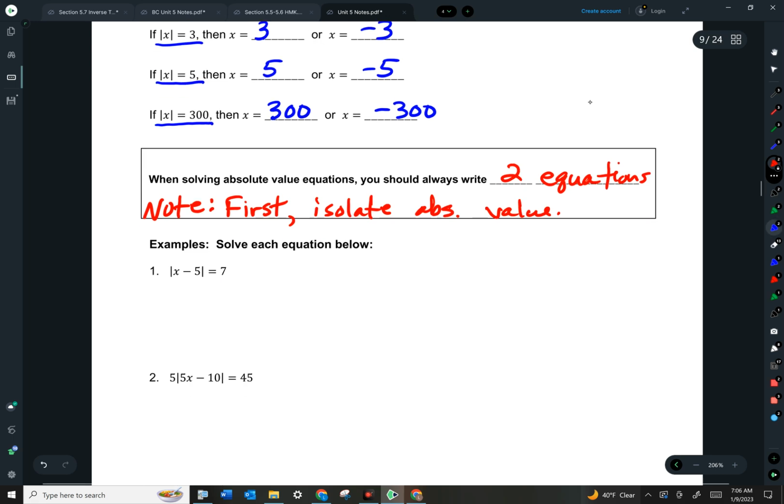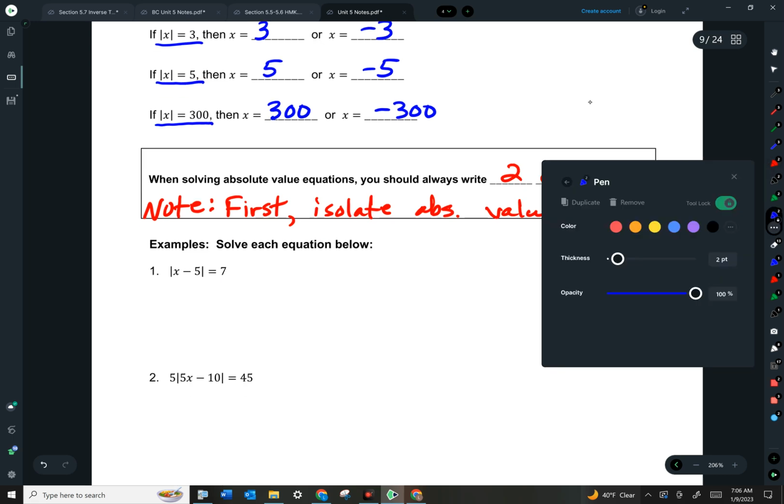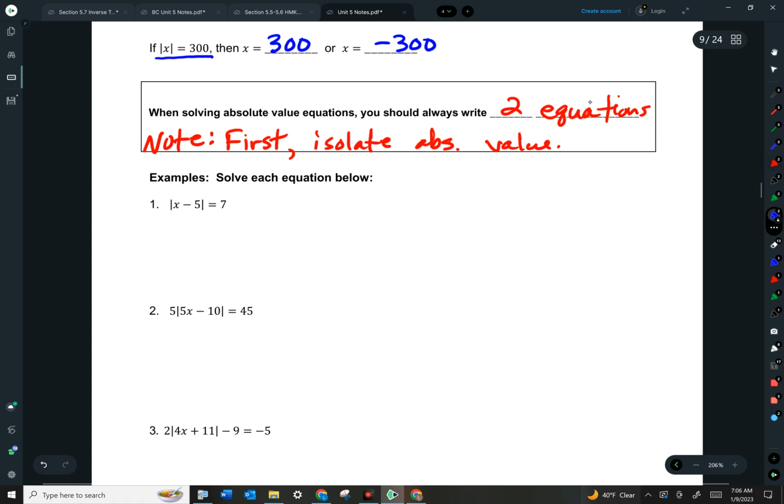Okay, so let's try an example. When I look at my first equation here, number 1, do you see that the absolute value is already by itself? It's already over on the one side by itself. There's nothing else there. So now I'm going to write two equations. So based on what we talked about above, I'm going to say either the stuff underneath, x minus 5, comes out to be positive 7, or the stuff underneath, the x minus 5, comes out to be negative 7, because then when we take the absolute value, they would turn positive anyway.